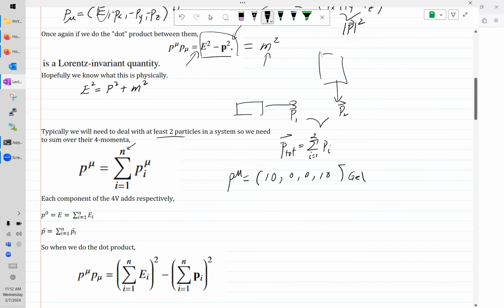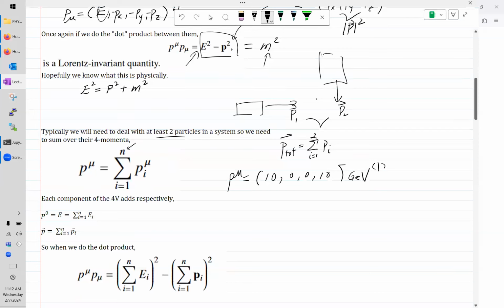You have to figure out what the power is. It has to have the same unit as mass and energy in natural units. So what's the power up here? It's just 1.